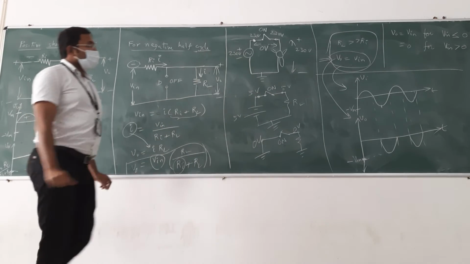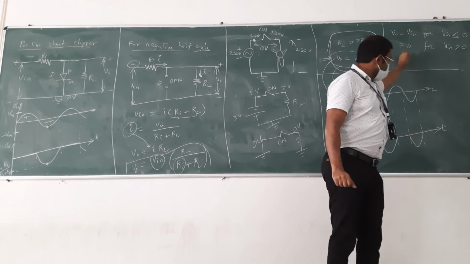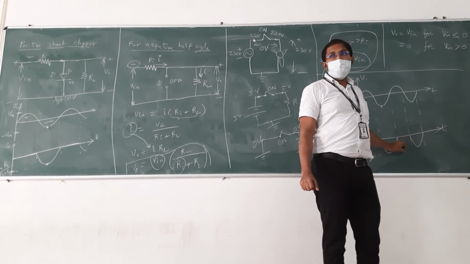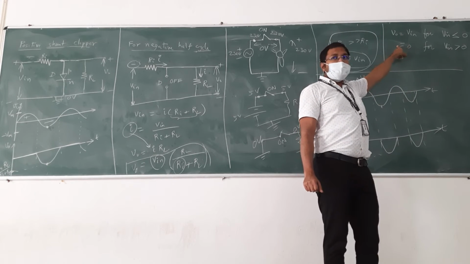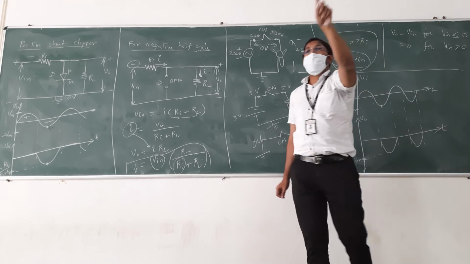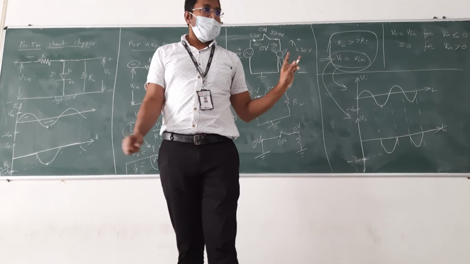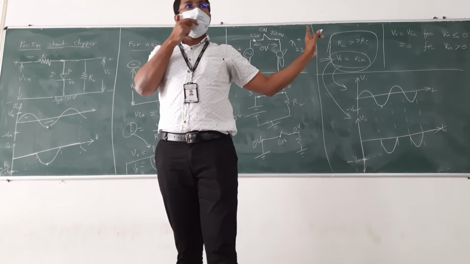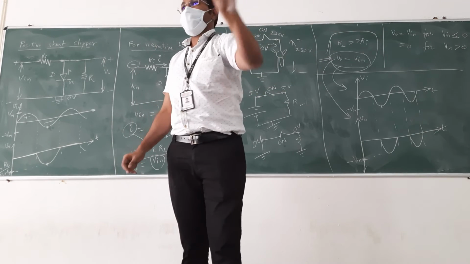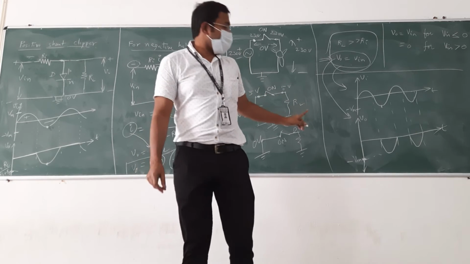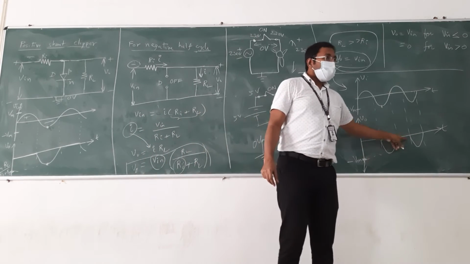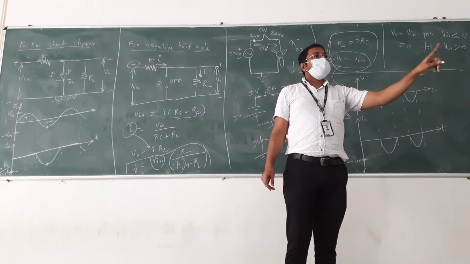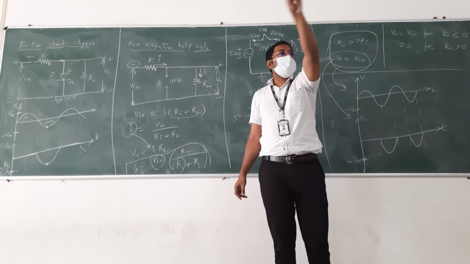So this is the mathematical expression for this waveform. For this expression we have already done the transfer characteristics. Same you will get, so I am not repeating. You can copy the same transfer characteristics that you got for the positive series clipper.